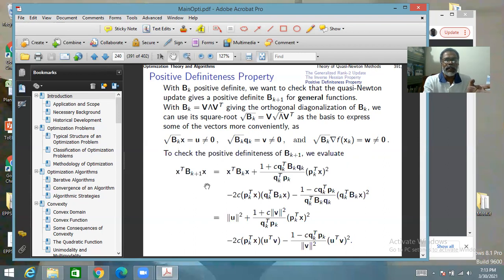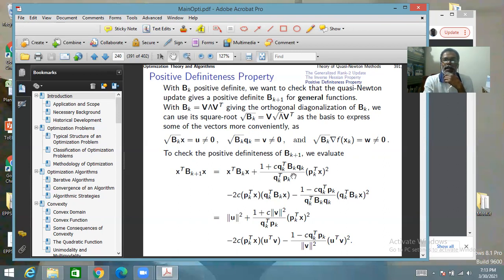Then we check this for non-zero vector x. We want to check whether this is positive for any non-zero vector x. So whatever was the Bk plus 1 formulation, on this side we multiply with x transpose, on this side with x. And now if you see that expression, then you will have Bk as the first term, so it becomes this after the product with x transpose on this side and x on that side.